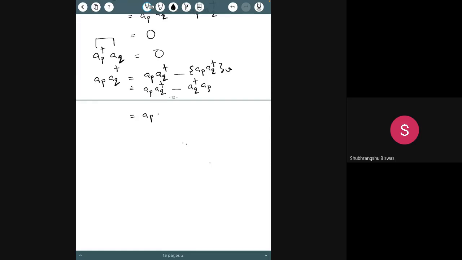And that is then A_P A_Q dagger. This is just the minus of this. No. Wait. Commutator bracket. This is not the commutator bracket. This is the normal ordering bracket. So it tells you that you have to normal order what is inside.